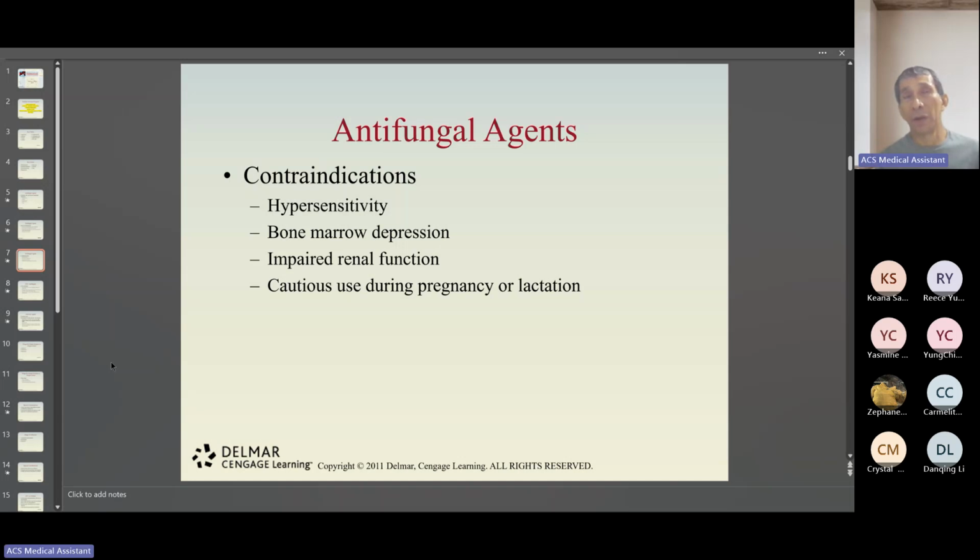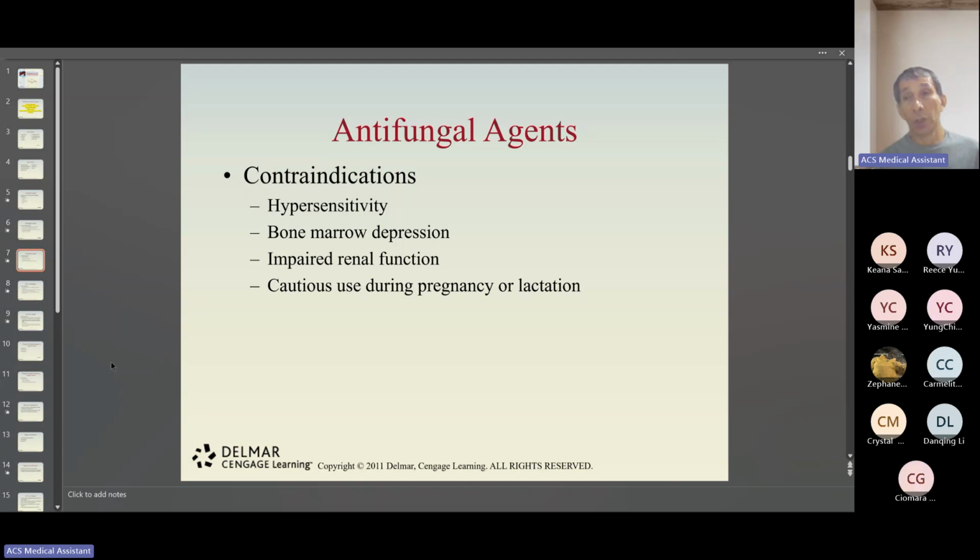So antifungal medications, if they get in contact with bone marrow, they can suppress the bone marrow. Now, think about this. The bone marrow is the one that produces red blood cells, white blood cells, and platelets. And if you apply this medication or get in contact with the bone marrow, you're going to damage the bone marrow.